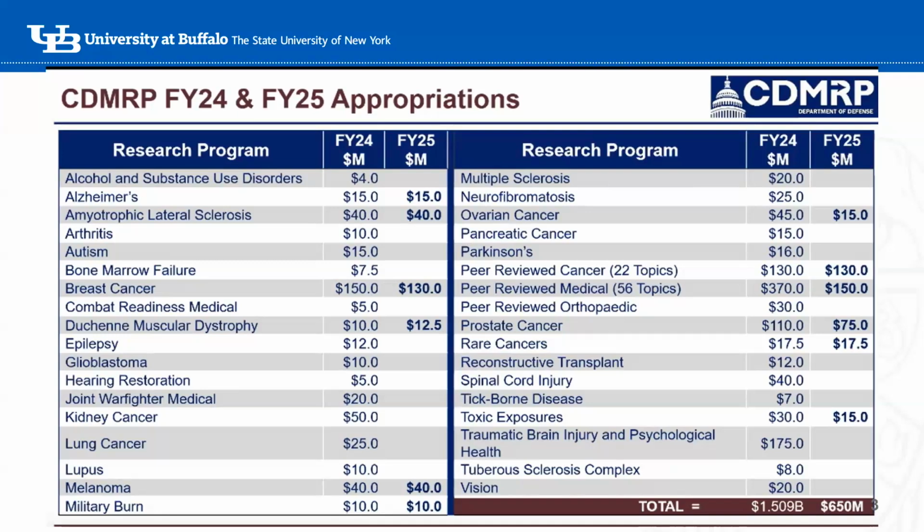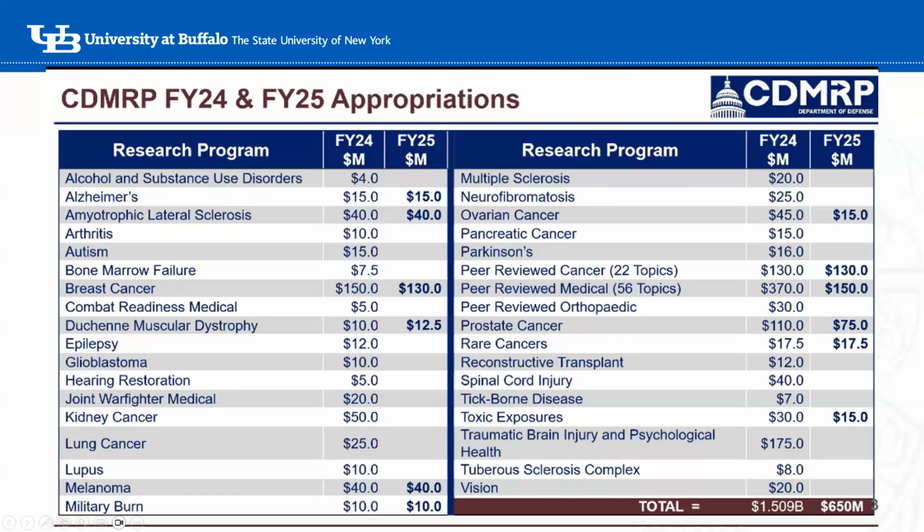I also want to just take a brief moment and highlight the peer-reviewed cancer and peer-reviewed medical programs, and point out that many of the topics that were funded in fiscal year 24 but weren't funded in fiscal year 25 are now topics within these peer-reviewed programs.